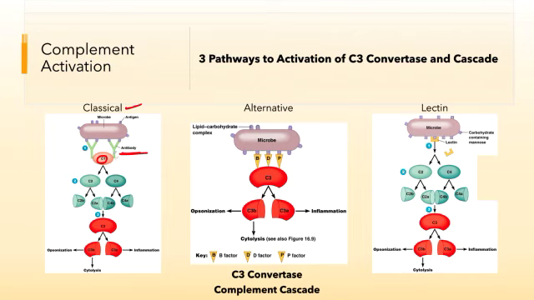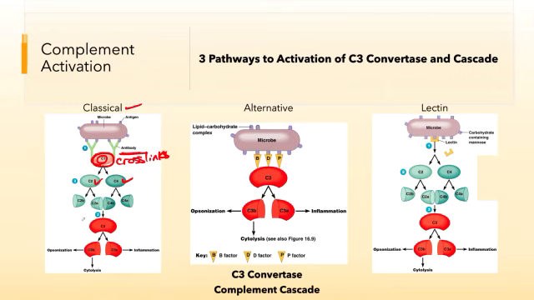Once you do have antibodies, two antibodies will bind to the antigen or microorganism, and C1 will bind the branches between the two. This is known as cross-linking. When C1 cross-links, it will attract C2 and C4. C2 will be activated, C4 will be activated, and this will cause these two proteins to split.